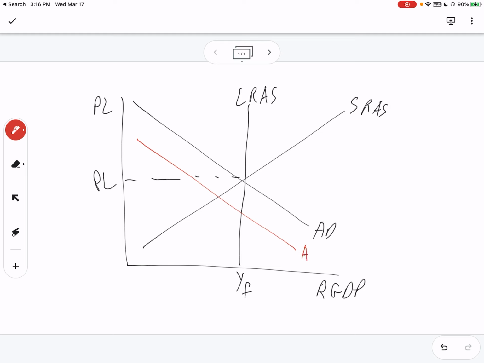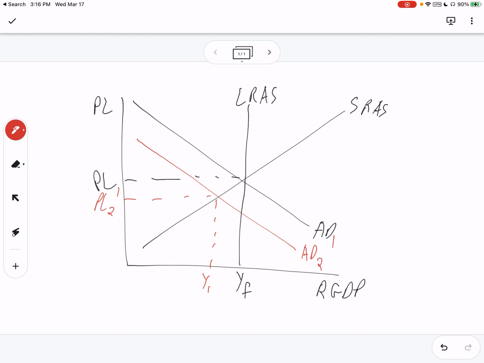So in a recession, you tend to have consumption going down, investment going down. As a result, aggregate demand goes down also and shifts to the left. So when aggregate demand decreases, the result is lower price levels and output falls. So lower output, we're producing less stuff at the same time as price levels have fallen, which is going to be deflation.